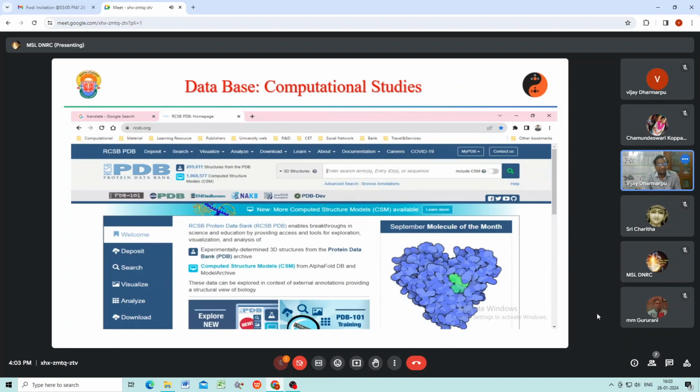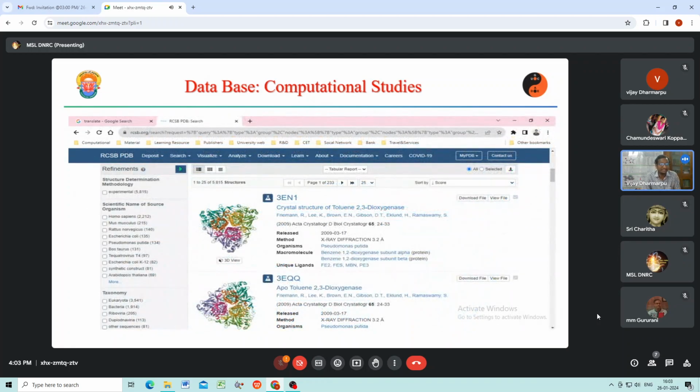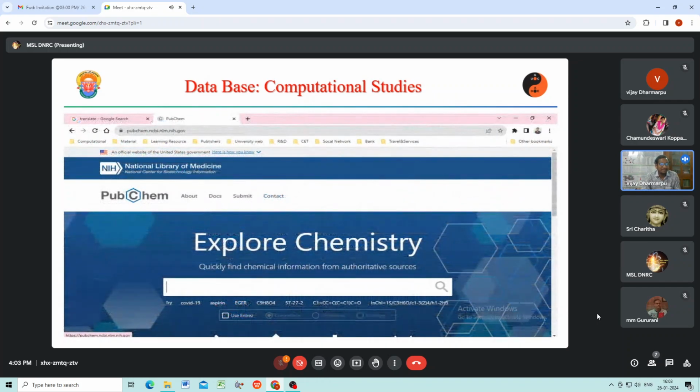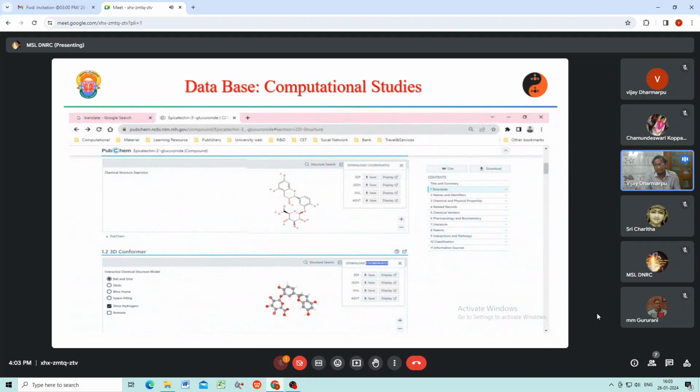Similarly, we have data banks, and the data banks have various structures. If you want to go with that structure, you just go to the website, and chemistry also. I already showed those structures, and we can readily take the structures from this website also.